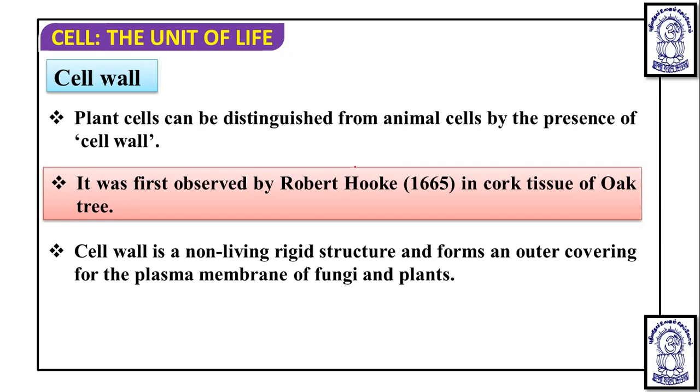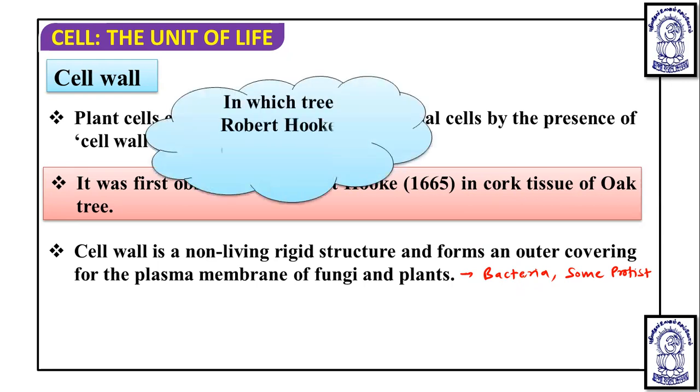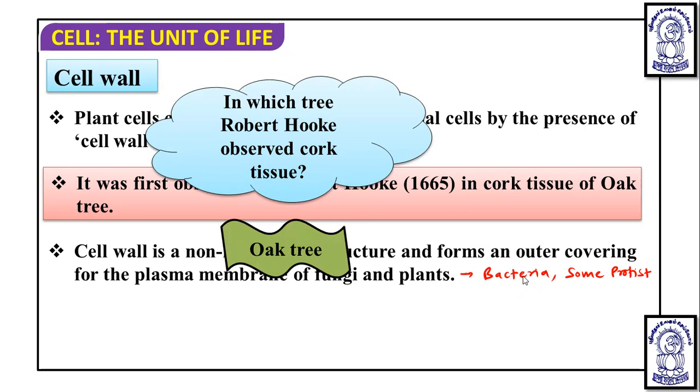But apart from this, you will see the presence of a cell wall in some bacteria, in some protists also, and in algae among plants too. So in which tree did Robert Hooke observe cork tissue? This question can be asked, so you should remember that it is the oak tree.